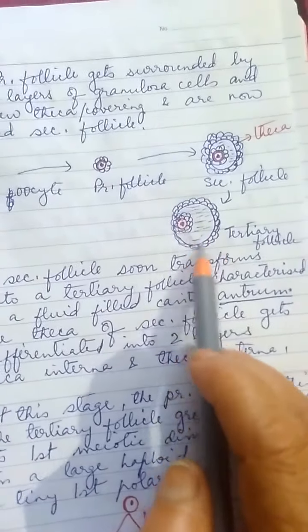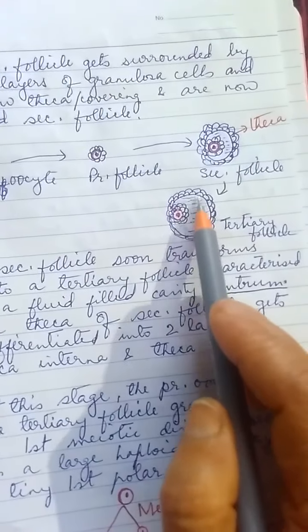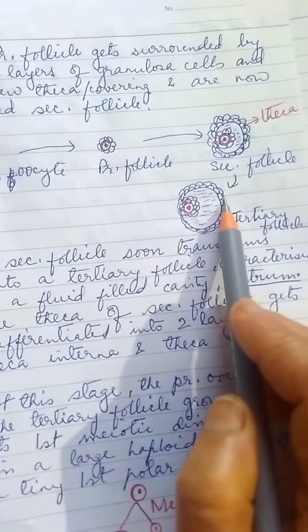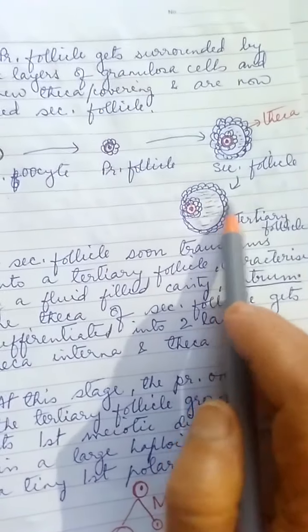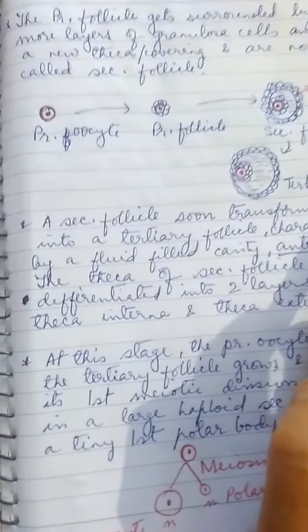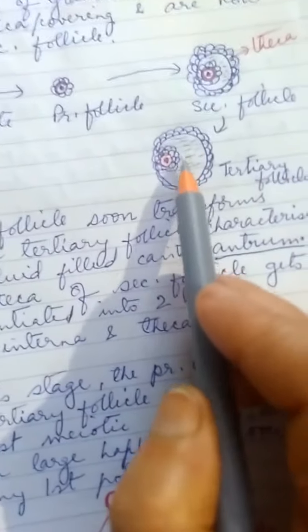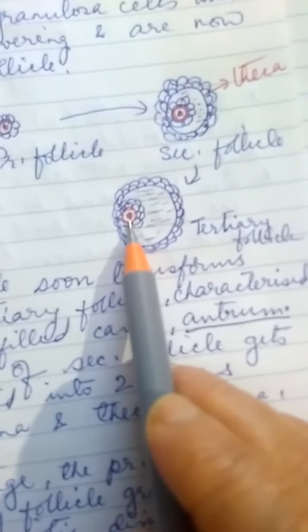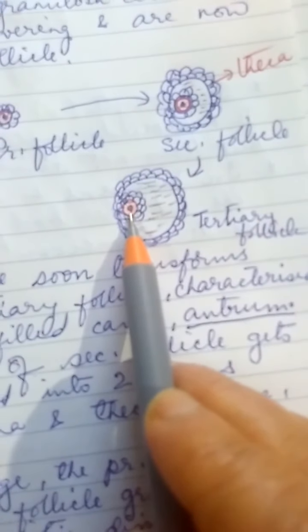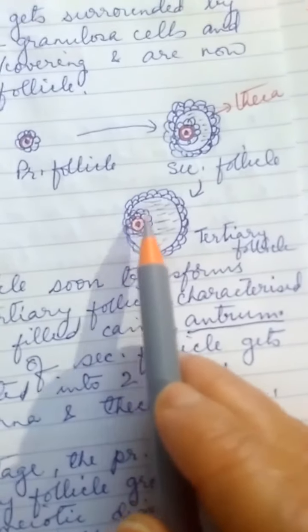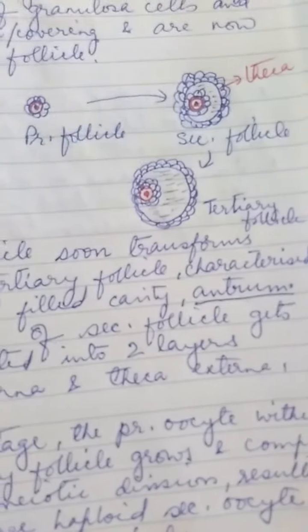When a secondary follicle gets surrounded by more layers of cells, and a large cavity called antrum develops, and the theca is organized into two layers, theca interna and theca externa, the structure is called a tertiary follicle. Inside the tertiary follicle, you can see the primary oocyte, still at prophase 1 of meiosis 1. This point should be very, very clear.